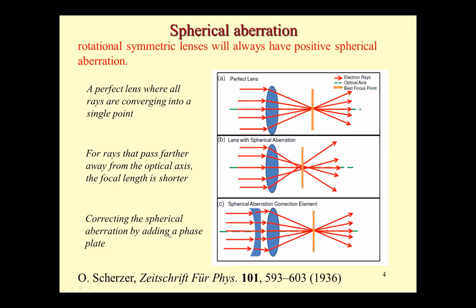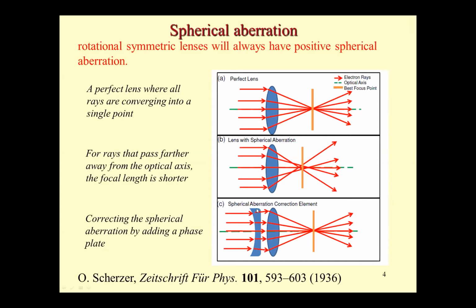And in other areas, like for example in light optics, this can be solved very easily. I can just add another element that will add the opposite aberration, and then I can fix the spherical aberration. But this is not so simple in the electron microscope.